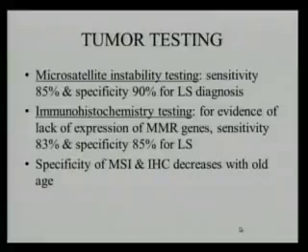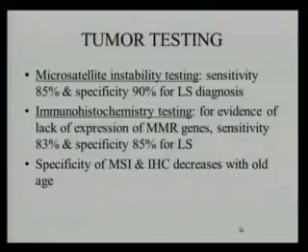If you check the tumor tissue for microsatellite instability and it comes back unstable, it has a sensitivity of 85% and a specificity of 90%. It's very good for Lynch diagnosis. If you have immunohistochemistry with lack of expression of MMR genes, it has a sensitivity of 83% and a specificity of 85%.